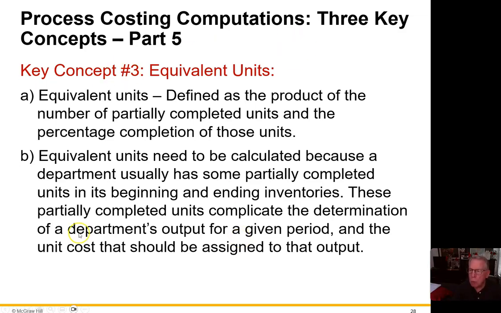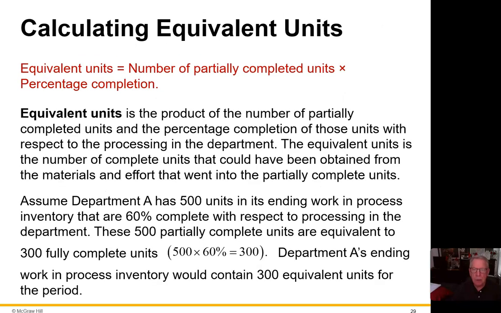Equivalent units need to be calculated because a department usually has some partially completed units in its beginning and ending inventories. These partially completed units complicate the determination of a department's output for a given period and the unit cost that should be assigned to that output.